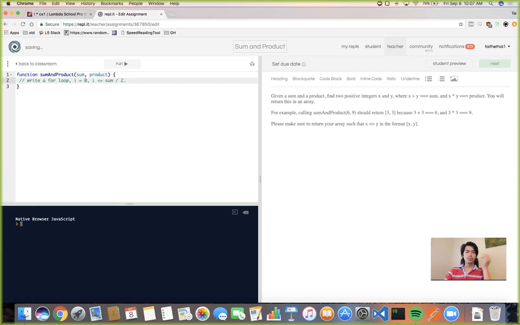Because really, you only need to get halfway to the sum. Because if you do get over halfway of the sum, then either the product doesn't exist or you're going wrong somewhere.